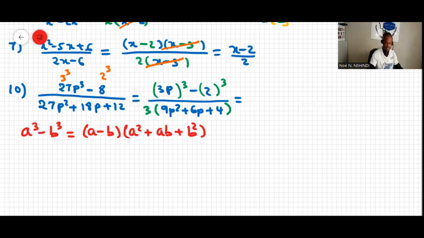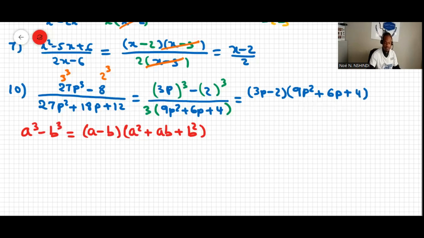It's going to be 3p minus 2, open bracket. Now 3p to the power of 2, it's not 3p squared, but 9p squared, plus ab, so 3p times 2, that makes 6p, and then plus b squared, which is 2 squared, that's 4.